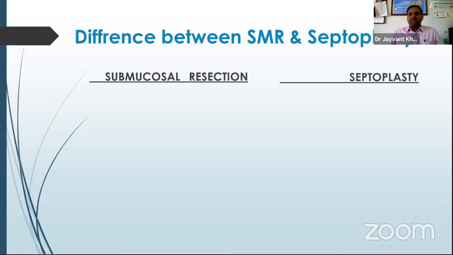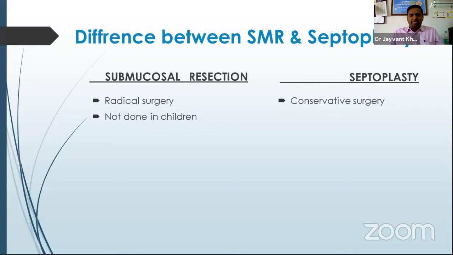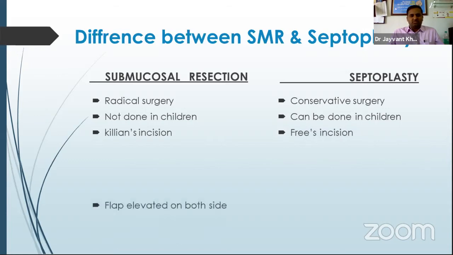Submucosal resection and septoplasty. First difference: submucosal resection is a radical surgery and septoplasty is a conservative surgery. Submucosal resection is not done in children. Septoplasty can be done in children. In submucosal resection, you incise with Killian's incision, and in septoplasty, you can incise with a Freer incision.